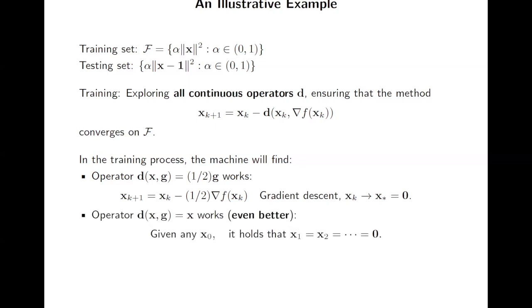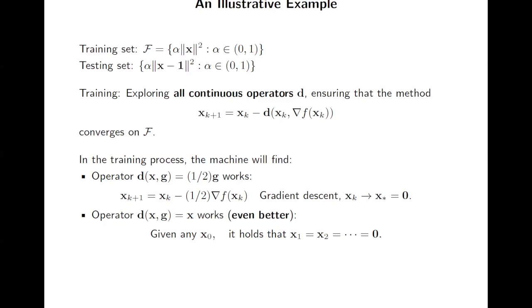But consider another operator, which equals x. If we plug this operator back into the formula, xk plus 1 equals xk minus xk, which equals 0. It means that given any x0, from the first iteration the iterate will be constantly equal to 0. And 0 is good because in the training set, the minimizers are 0.